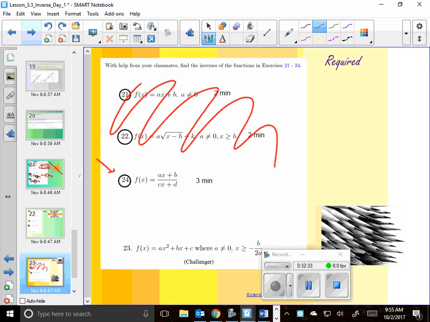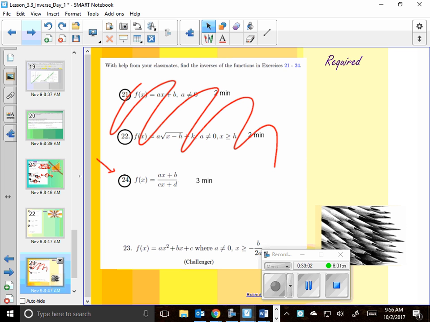That's like the ACT questions that are the hardest. Instead of just having X's and Y's in it, they throw in an extra thing like a B and a D. And it gets a little weird because you got to drag that B and D around with you everywhere. Actually, there's a C and a B and a D and an A. But that is a typical tough ACT question. So challenge yourself on number 24.